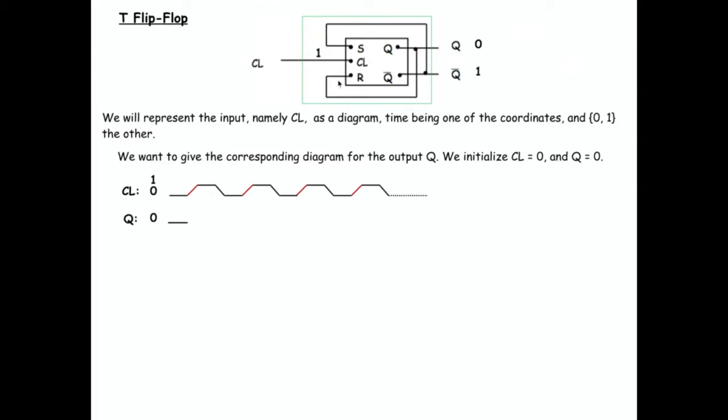Now, boom, clock, in time, the new cycle starts, and this red moment is when the clock gets signal 1. At that point, the 1 from the clock is here, the 1 from the Q prime is here, and the 0 from the Q is here.